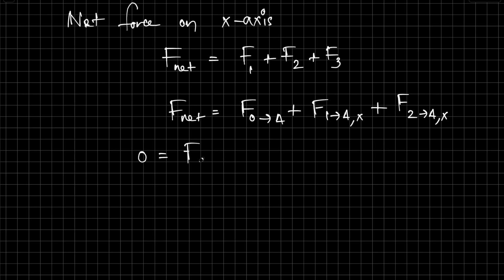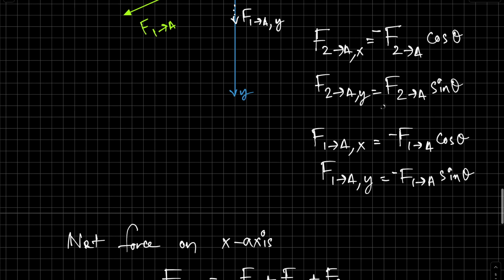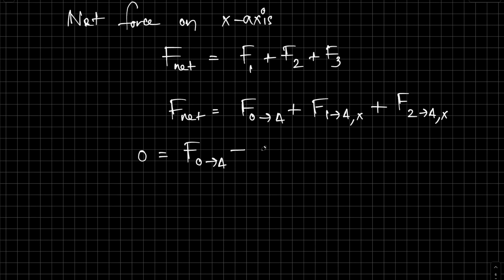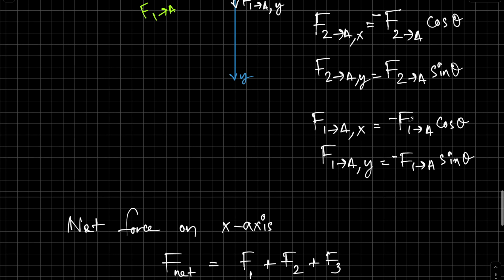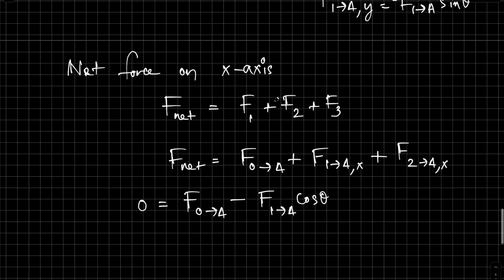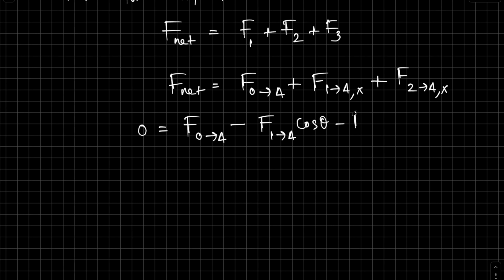F0 to A. And what is F1 to AX? F1 to AX is minus F1 to A cos theta, minus F1 to A cosine theta. What is F2 to AX? F2 to AX is minus F2 to A cos theta, minus F2 to A cos theta.